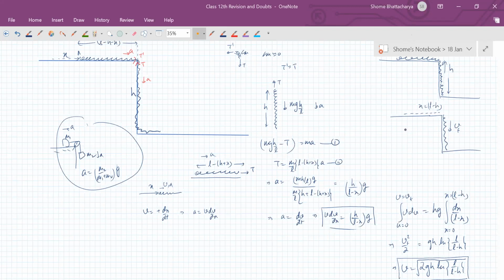See, lower limit x is 0 now, so this will be L, and upper limit x is L minus H. Correct.